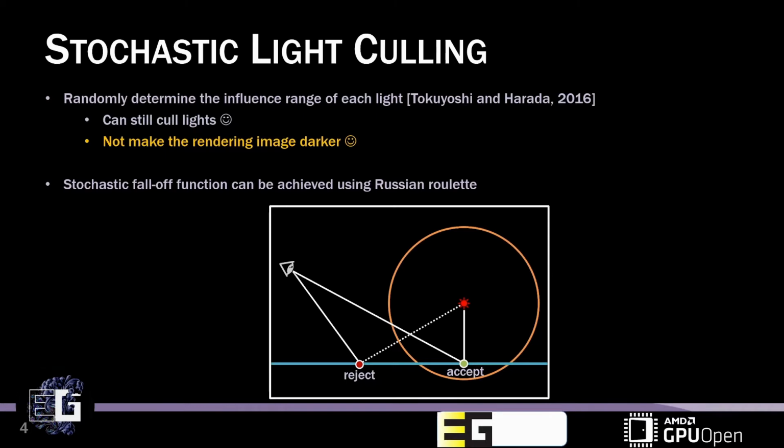Considering this stochastic fall-off function, we can define the random light range for each light source. As this figure shows, if the shading point is inside the limited light range, we accept its light for shading. On the other hand, if the shading point is outside the light range, then we can reject its light before shading.